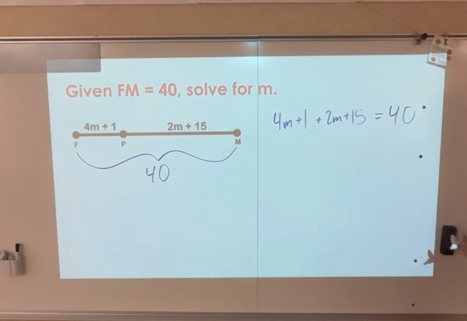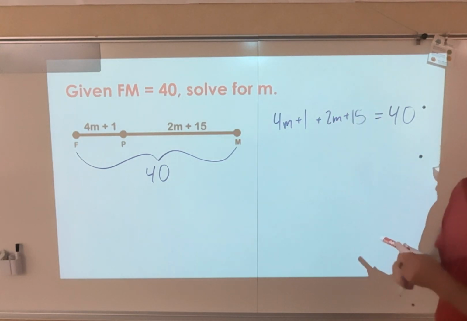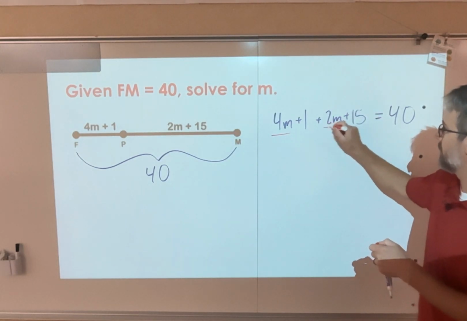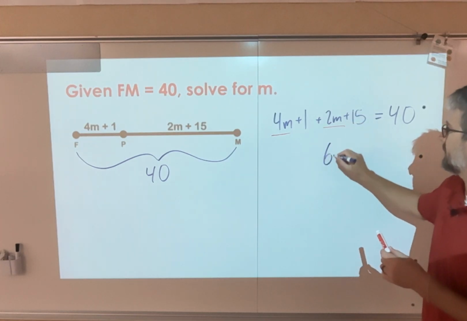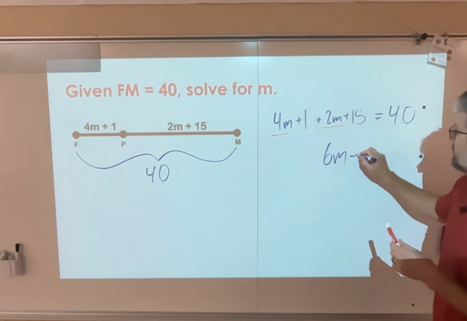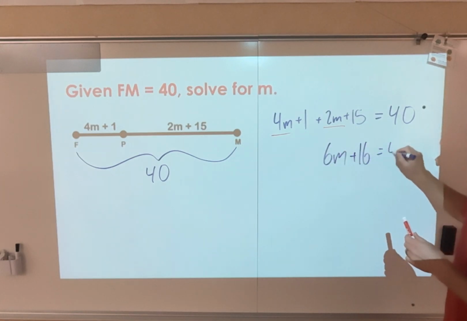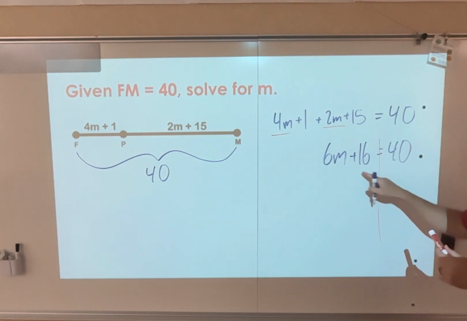Now I've got an equation that I can solve, right? Looking at this, I want to combine my like terms. The variables go together. The 4m and the 2m can add together. That becomes 6m. And then the 1 and the 15 add together to make 16, equals 40. Now we've got a nice two-sided equation.